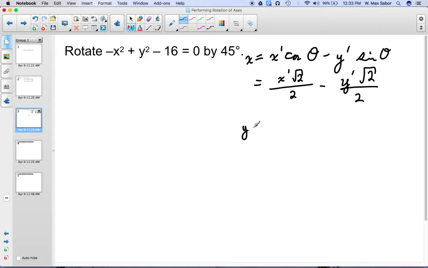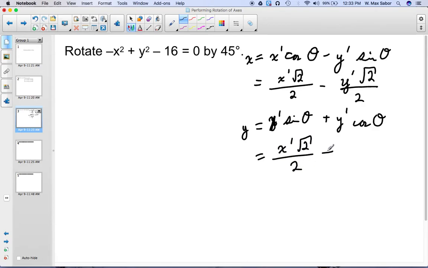And y is x prime sine plus y prime cosine. So this is x prime square root of 2 over 2 plus y prime square root of 2 over 2.